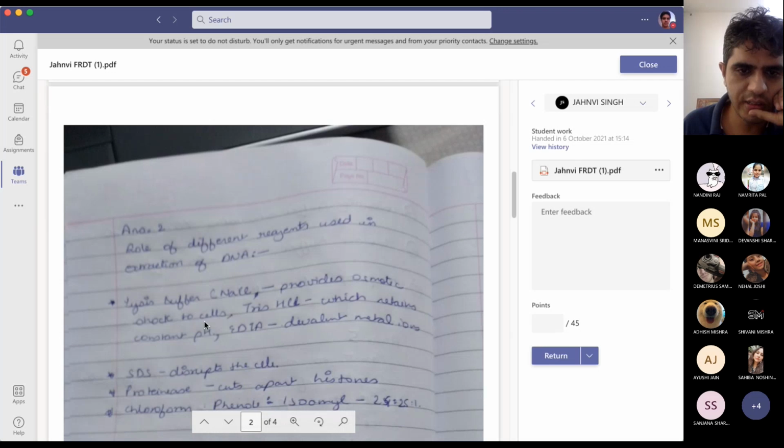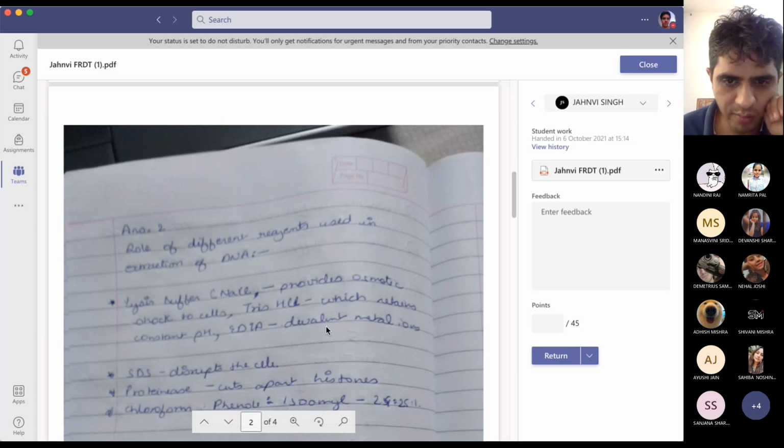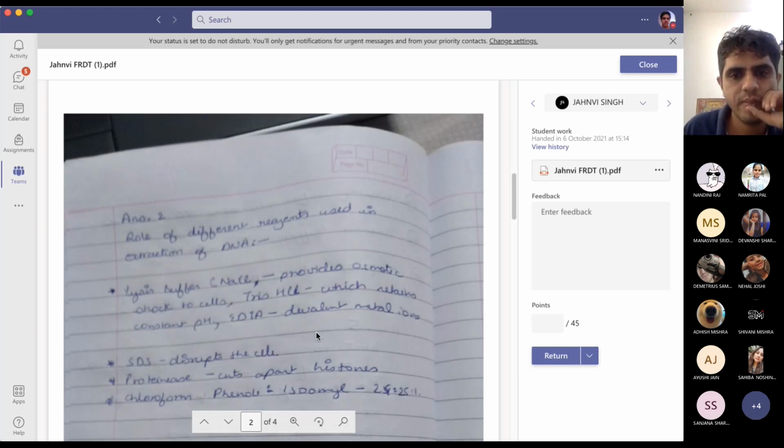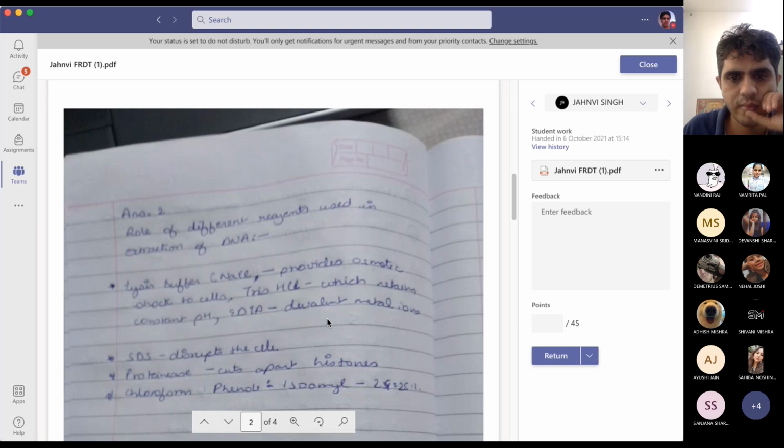Then different reagents: lysis buffer contains NaCl, provides osmotic balance, HCl, EDTA. What is this? Janvi, what is the EDTA? Divalent metal ions. What does it do with the divalent metal ions?